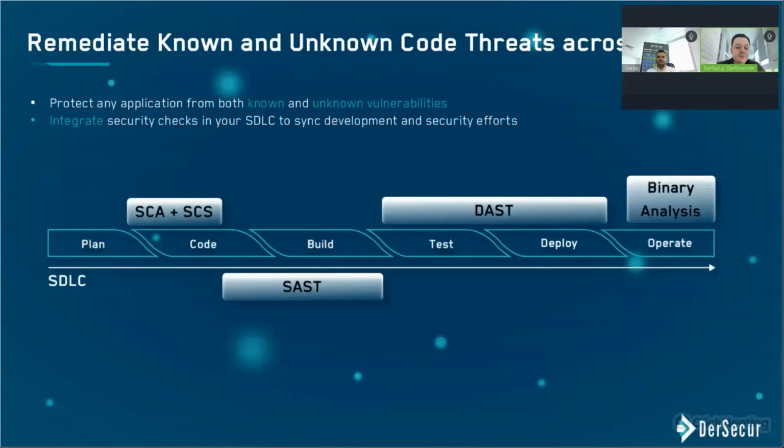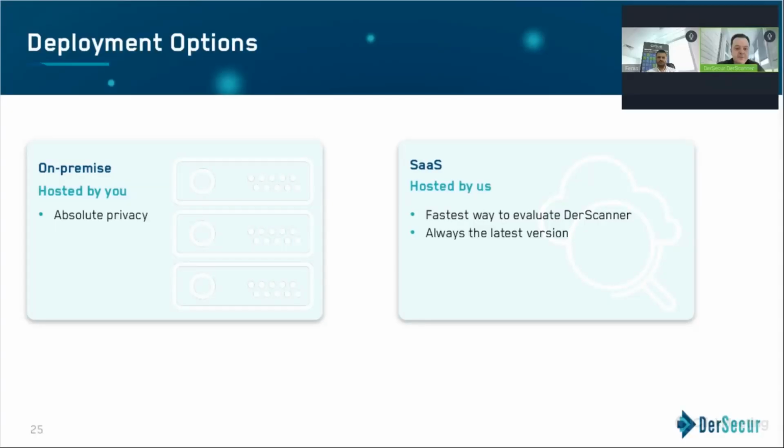Dynamic analysis comes in pretty handy for the testing and deploying stage. We also provide capabilities for open source security, including software composition analysis and supply chain security. And of course, in some particular cases where the source code is unavailable, you can leverage binary analysis.